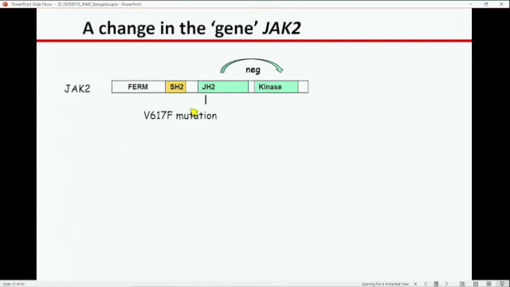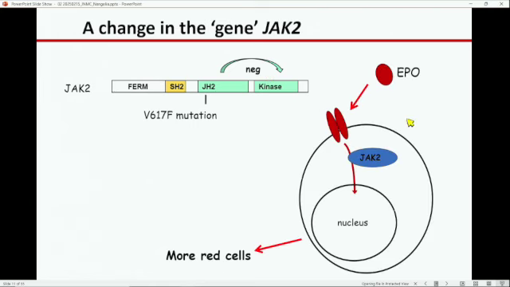What the JAK2 mutation does is it stops the off domain from working. So if you stop the off domain from working, JAK2 is now permanently switched on. So when you have a V617F mutation, what that's doing is keeping JAK2 permanently on. JAK2 signals from this little receptor here into the nucleus to say make more red cells, or more blood cells in general, or more platelets.